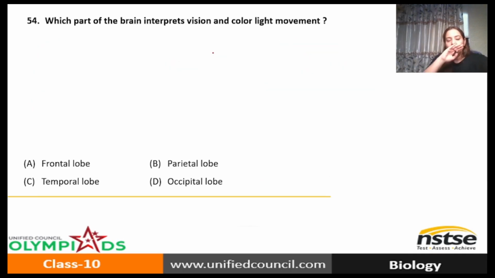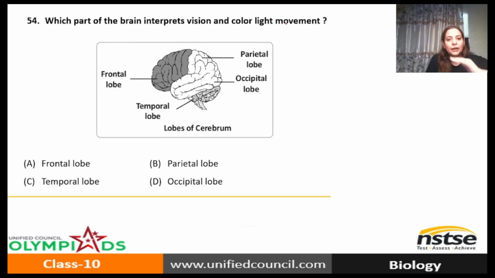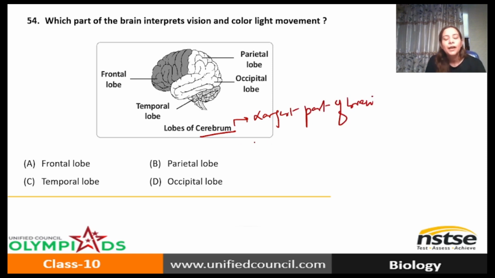Next question. Which part of the brain interprets vision and color, light, movement? So here is the structure of the brain, and basically we know that it is showing the cerebrum, which is the largest part of the brain, and the cerebrum has a lot of lobes which are involved in different activities.